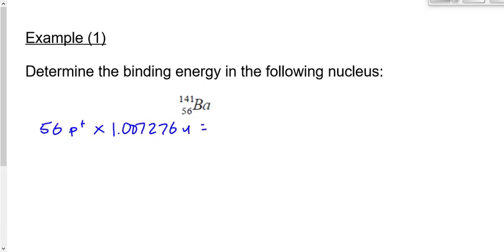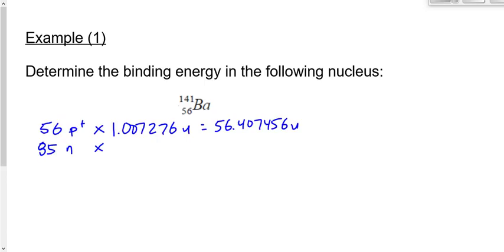The total mass of all the protons combined would be 56.407456 atomic mass units. We also know that barium-141 has 85 neutrons. How do we figure that out? Mass 141 minus 56. Good. 85 neutrons.